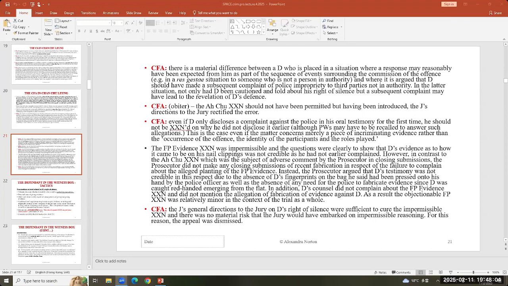Because you don't have the transcript, it's not clear what led the prosecutor to embark on that line of cross-examination or why they didn't refer to it during closing. It could have just been an oversight, in which case they got very lucky here. Because I actually think if the prosecutor had referred to it in the closing submissions, then the outcome of the case could have been different, because there is the risk that it may have prejudiced the jury's decision.